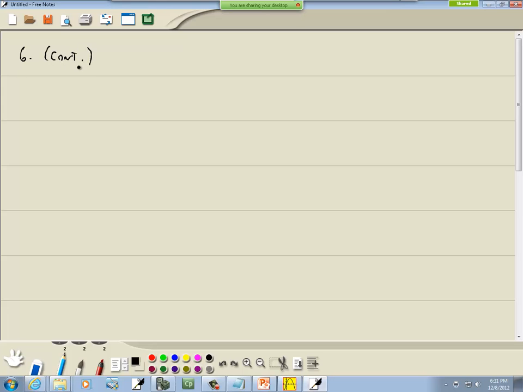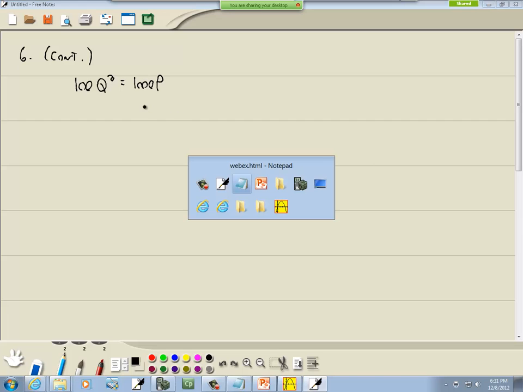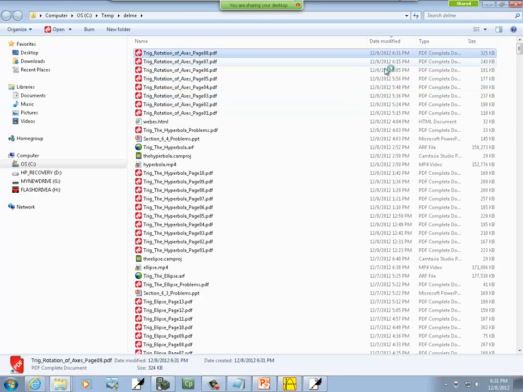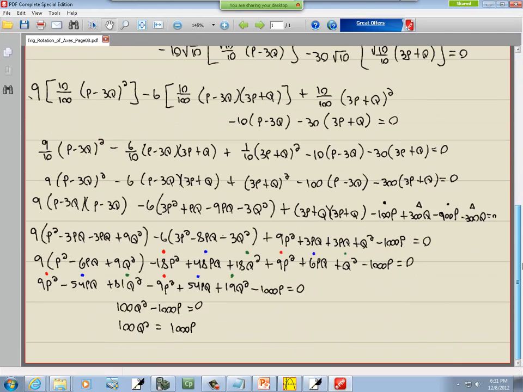Okay. And what did I get? 100q squared is equal to 1000p.